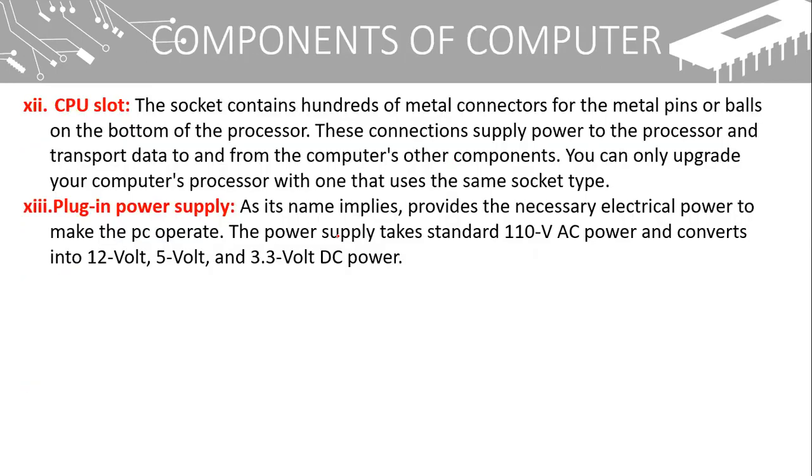I believe we are all familiar with some of them and how they function. As its name implies, the power supply provides the necessary electrical power to make the PC operate. It takes standard 110 volt AC power and converts it into 12 volt, 5 volt, and 3.3 volt DC power.